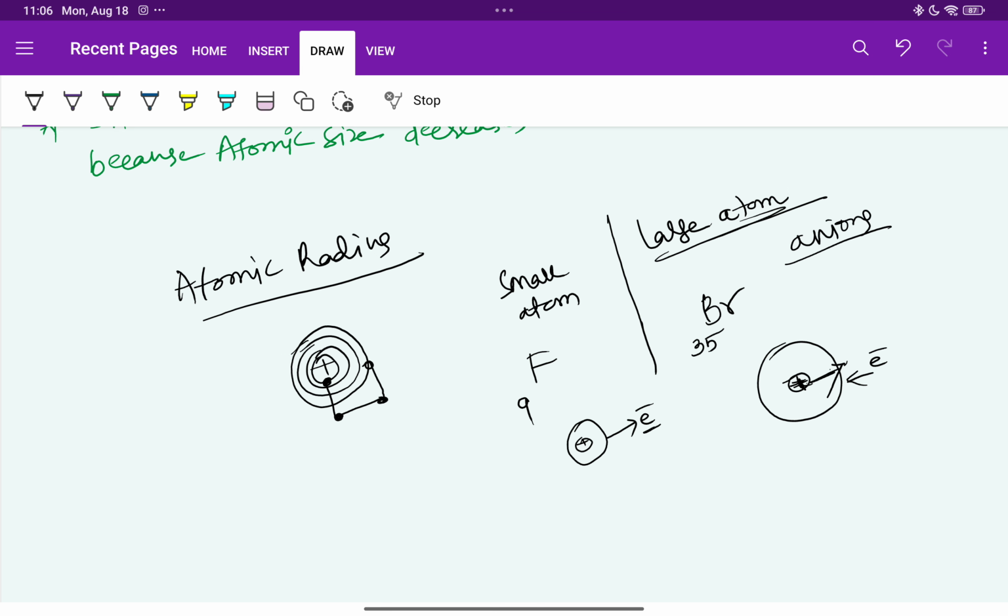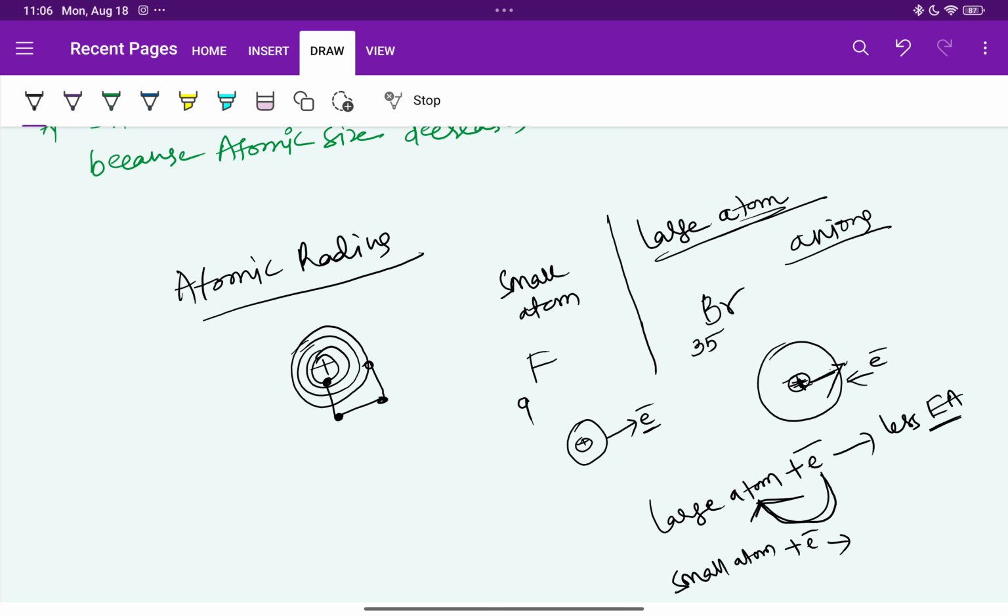When you add an electron to the large atom, less electron affinity is released, nothing but less energy is released outside. And when you add an electron to a smaller atom, it can form an anion easily, and high electron affinity, a high amount of energy, is released outside.